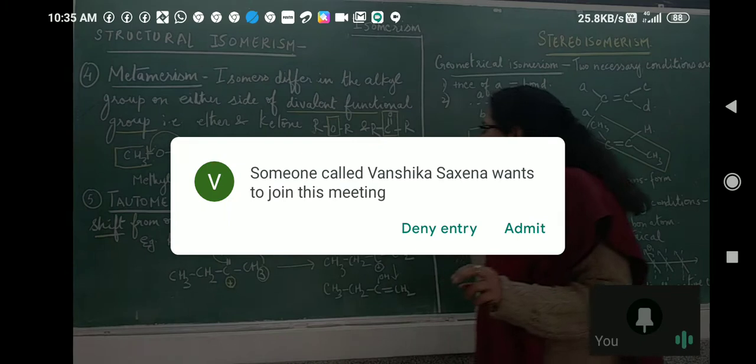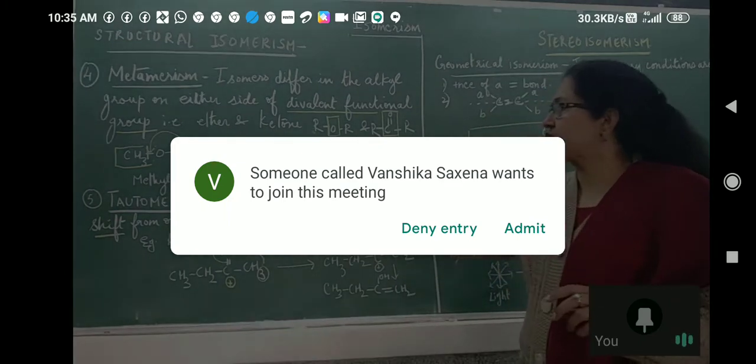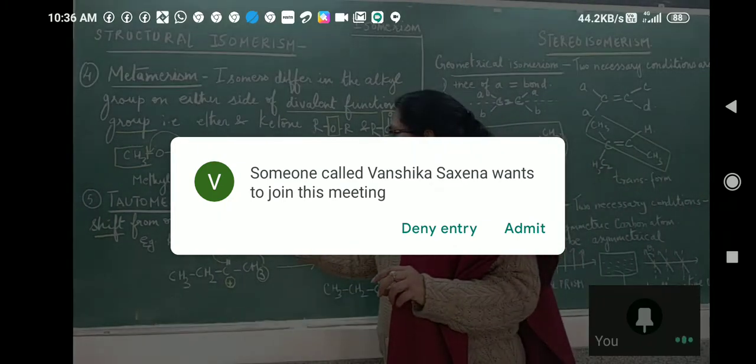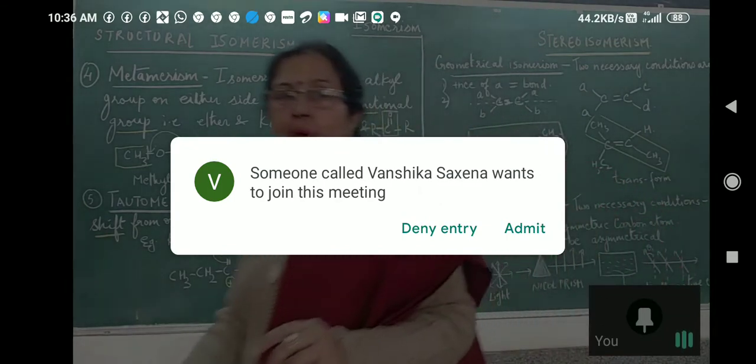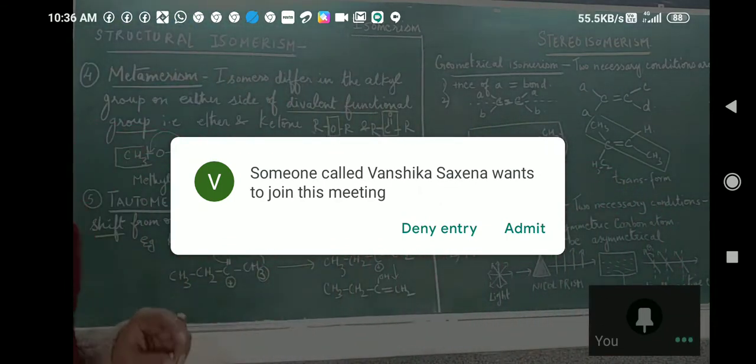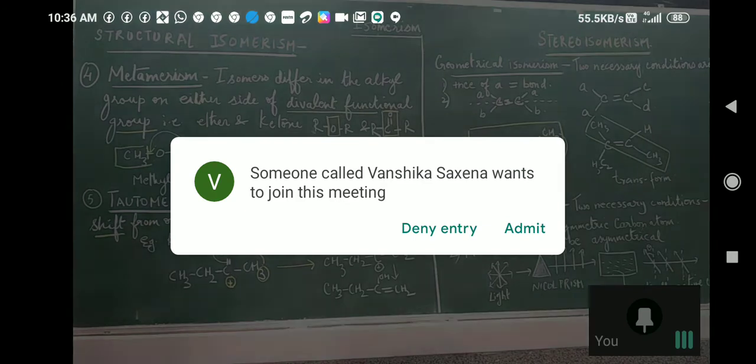It is defined as 1,3 hydrogen shift from one polyvalent atom to another.